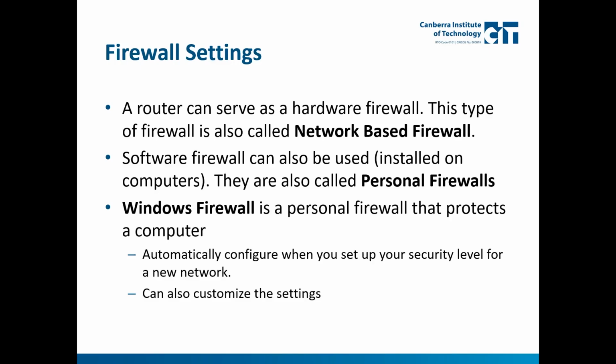You can select one of these profiles for your network, and then your firewall is going to use the rules that were previously configured for that specific profile. You can also customize the settings of your firewall if you wish. We're going to see a little bit more about that when we do the practice.